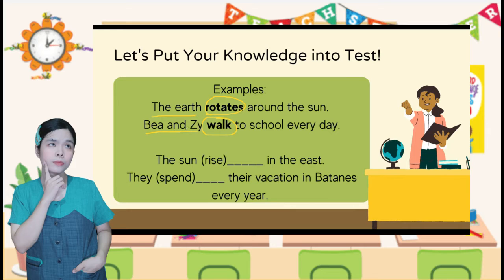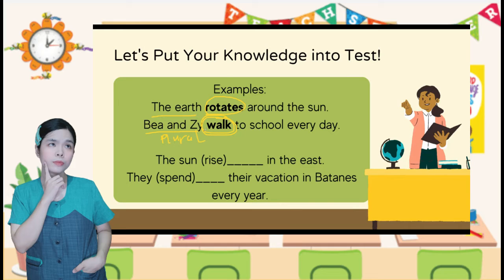Since the subject is plural, we are just going to use the base form of the verb. So Bea and Zai walk. You will not change anything. You will not add S. Bea and Zai walk to school every day. It's still the base form once the subject is plural.